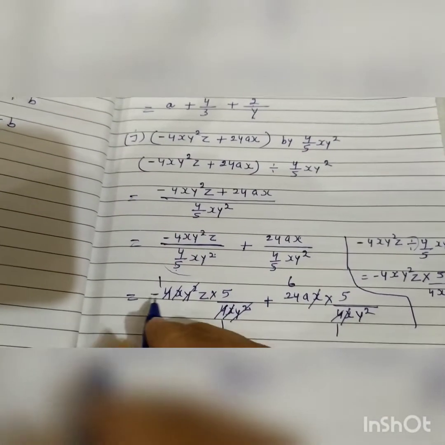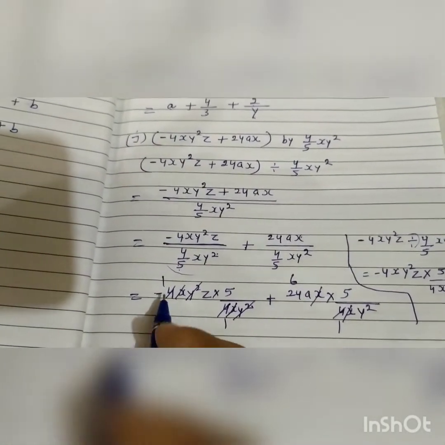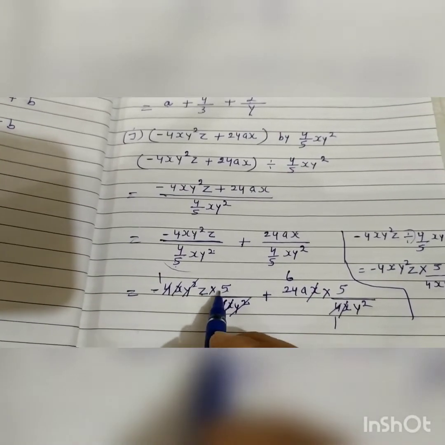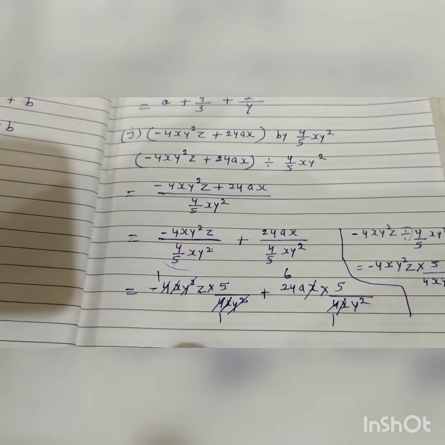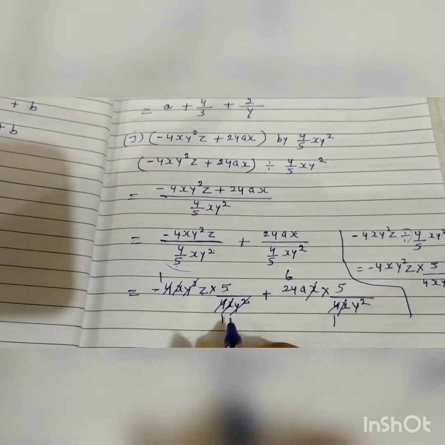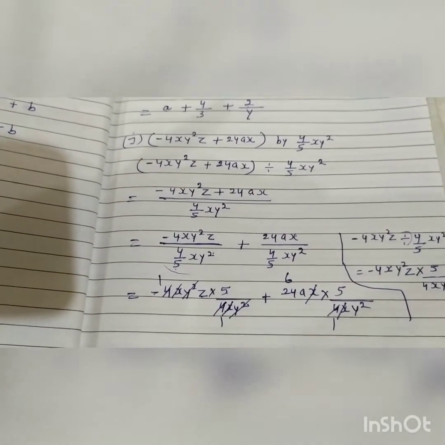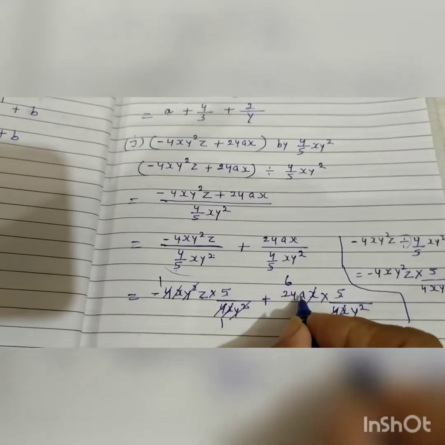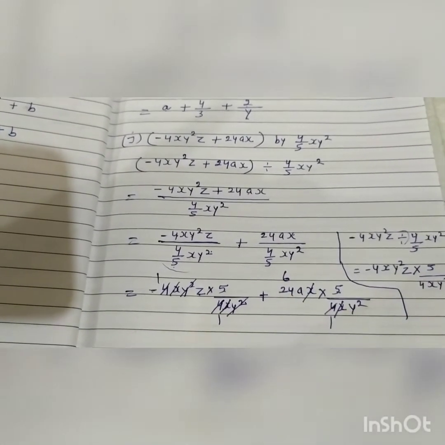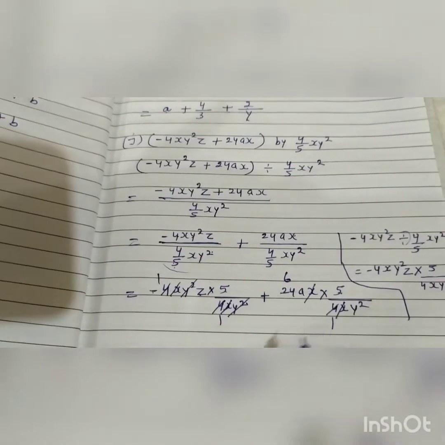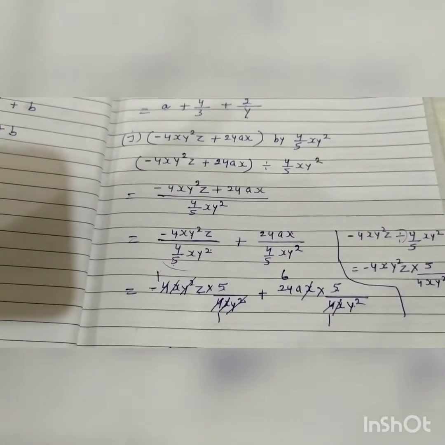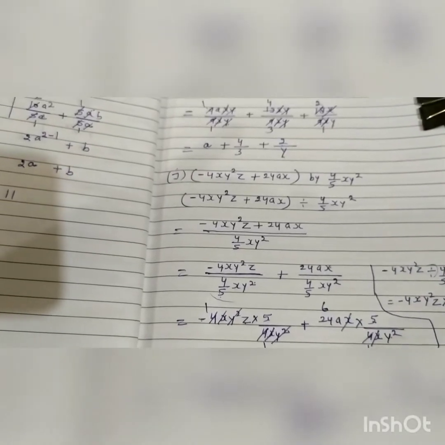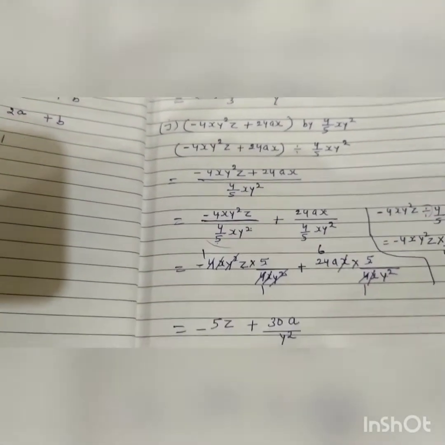So what is left? This minus sign. Then here z multiply by 5, it will be 5z, no denominator. Then this plus sign, 6 fives are 30 with this a. It will become 30a upon y square. Clear? One more part.